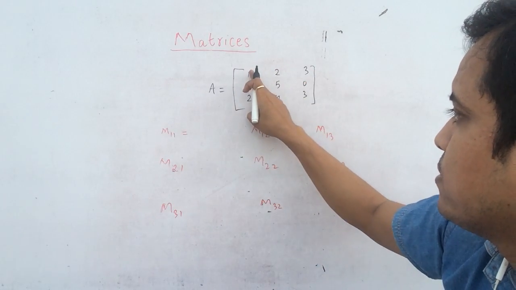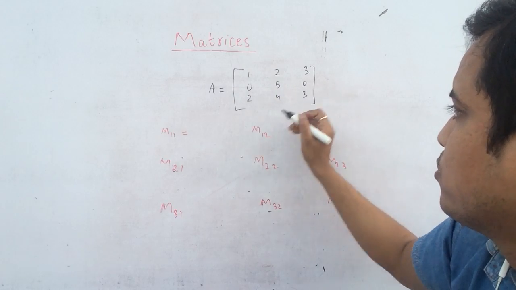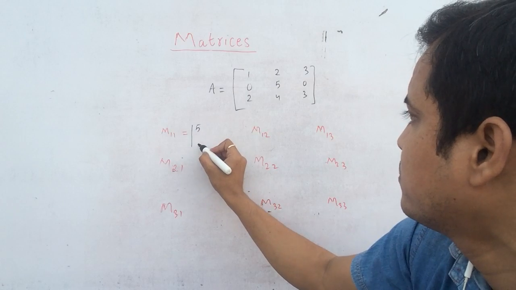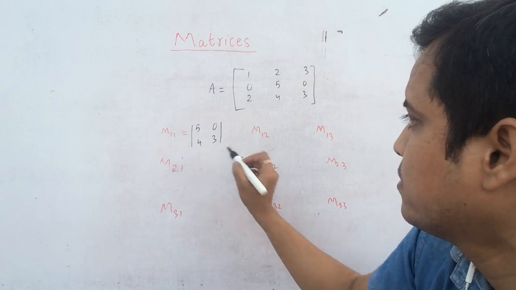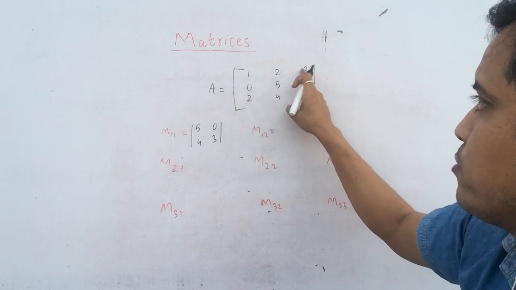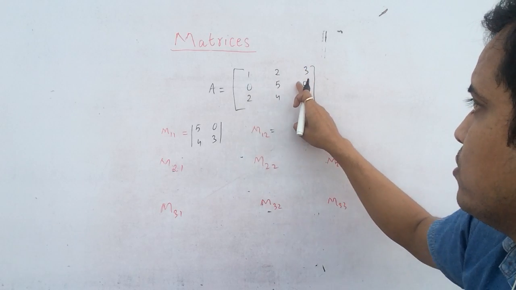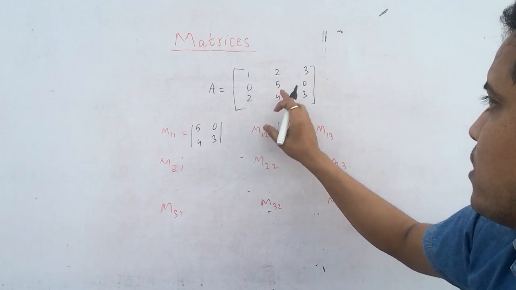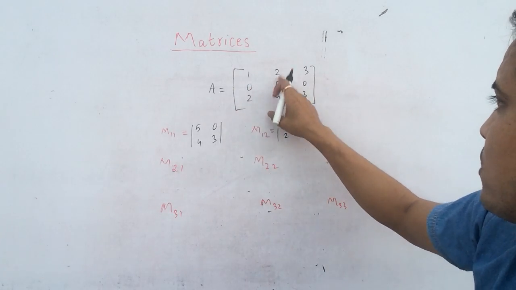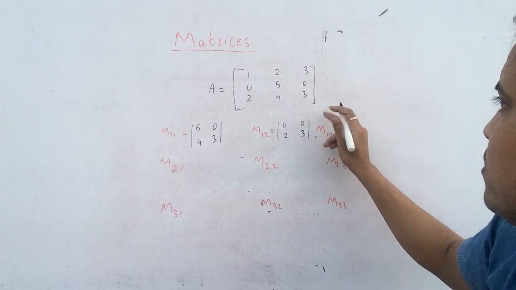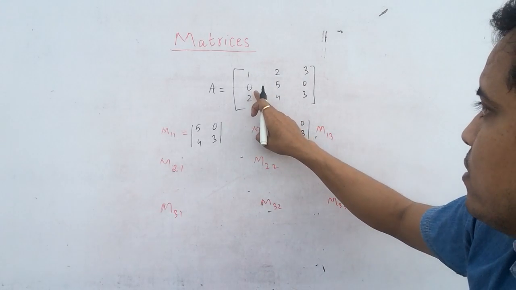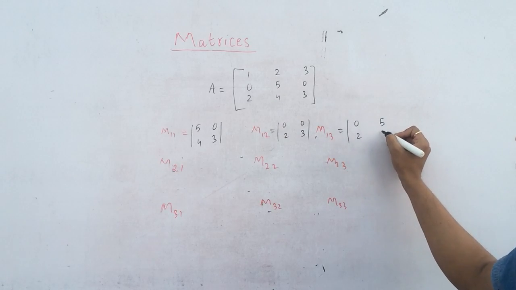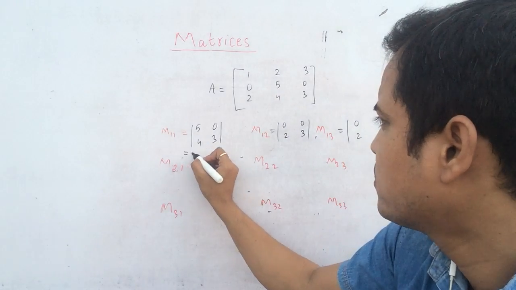Remove first row and first column, so you get 5 4 0 3, and you need to take the determinant of this submatrix. Remove first row and second column, you will get 0 2 0 3. First row and third column gives 0 2 5 4.